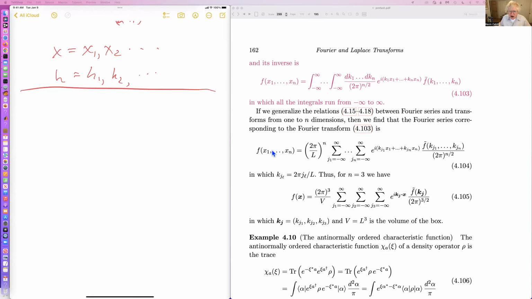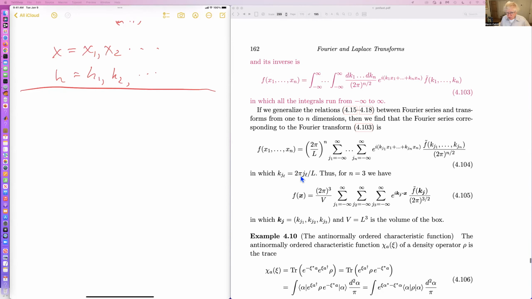So in other words, the function f of x can be written as a Fourier series in terms of the Fourier transform variables at discrete points, namely k_j = 2 pi j over L.